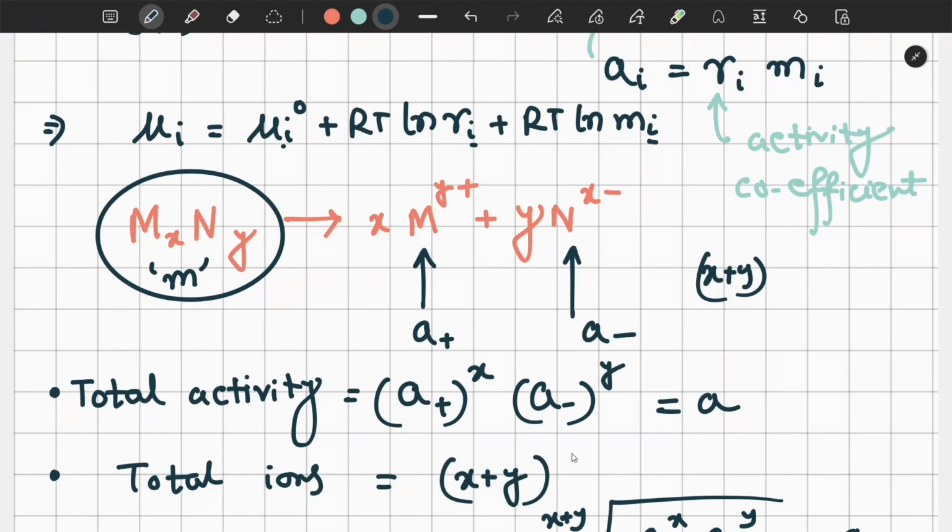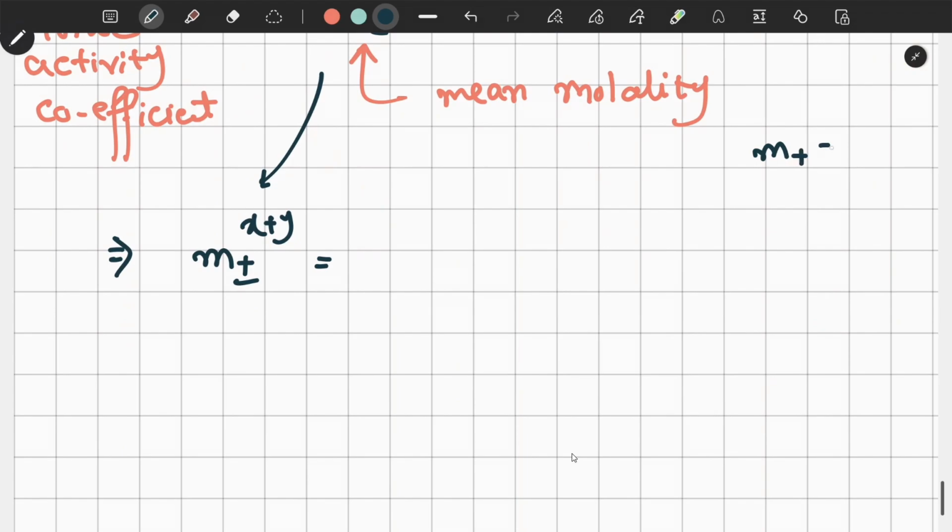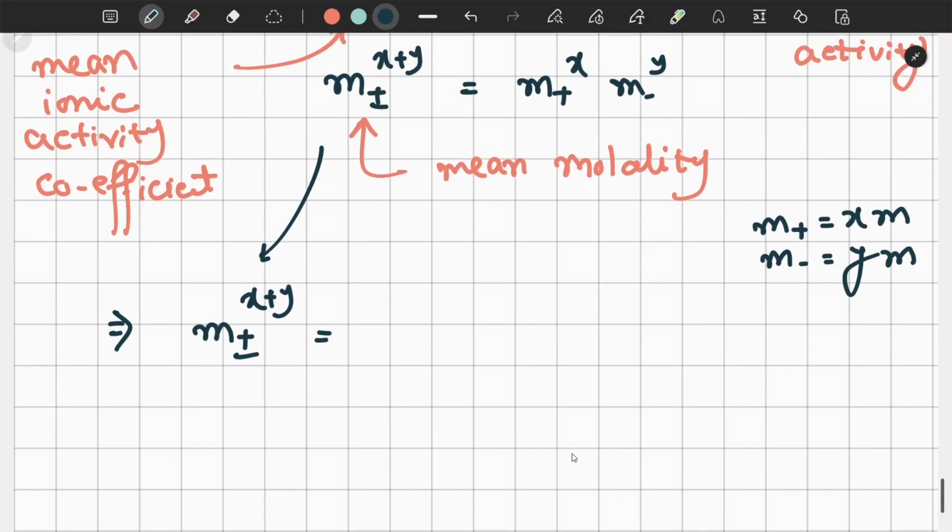Same as the m? No, that depends on the percentage of dissociation. X times m, right? Yes, X times m. So clearly M plus will be X times m, and M minus will be Y times m. Clear?